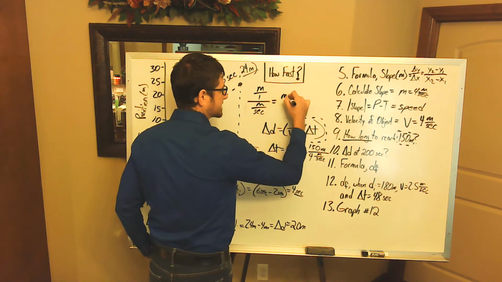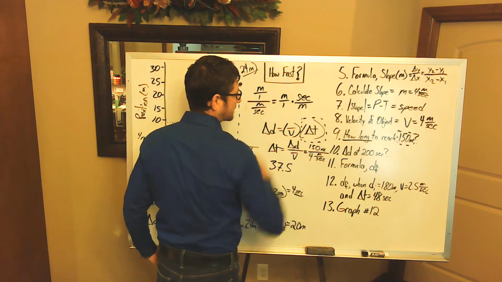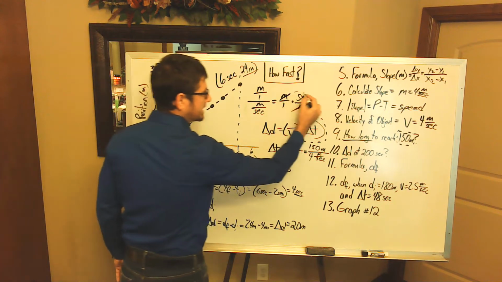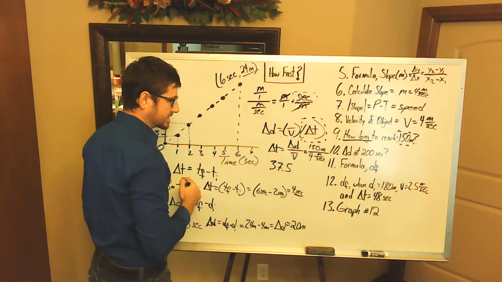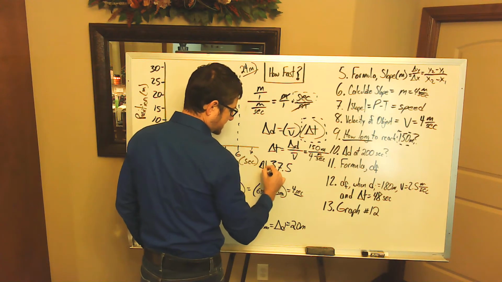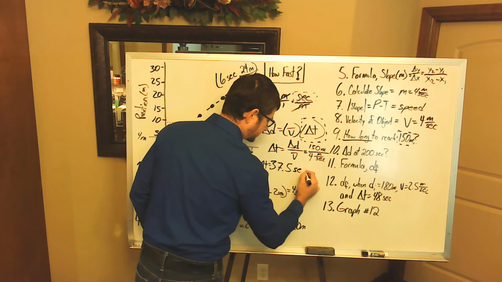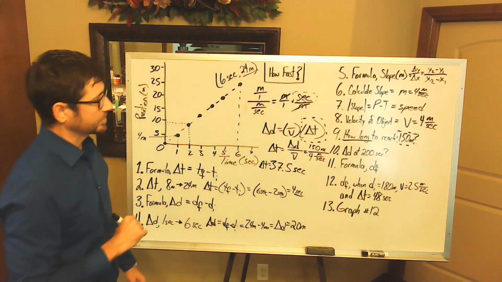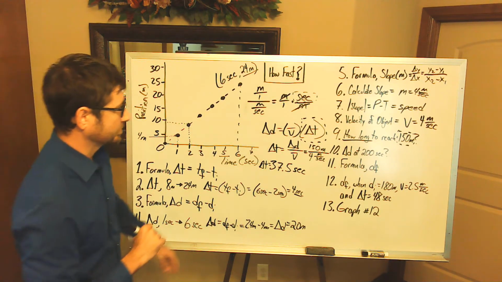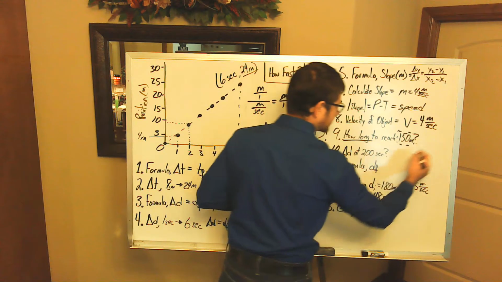So what we have is meters over 1 times seconds over meters. Okay? So our meters are going to cancel, leaving us with units of seconds. And we know that this is correct because time is in units of seconds. Okay? So the answer to number 9, how long to reach 150 meters, is 37.5 seconds.